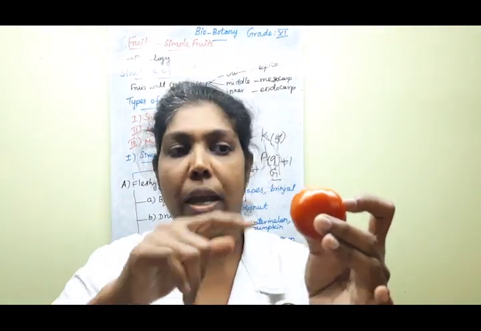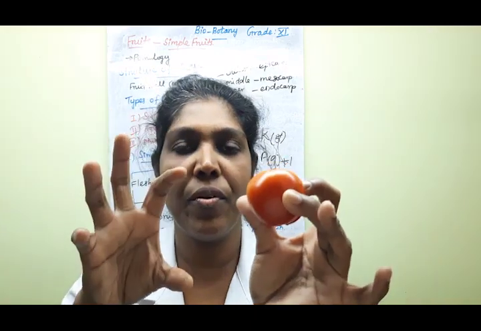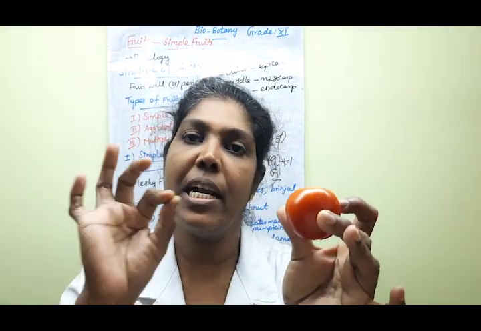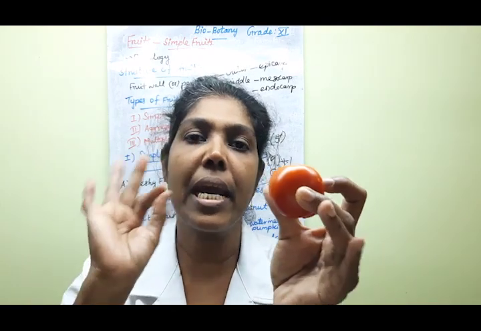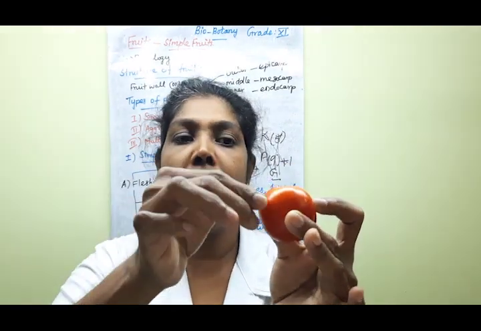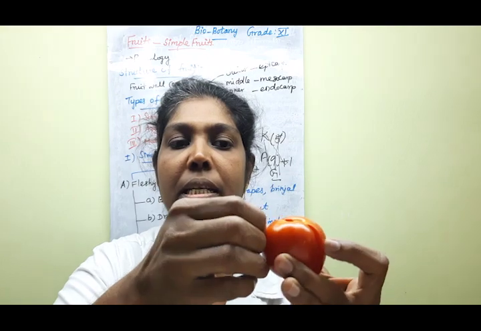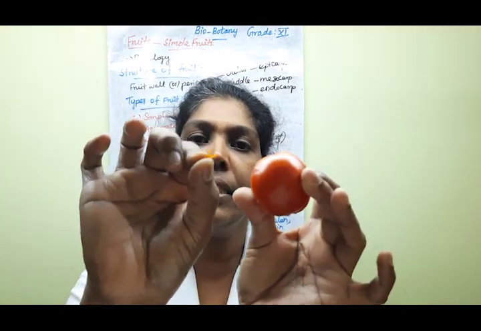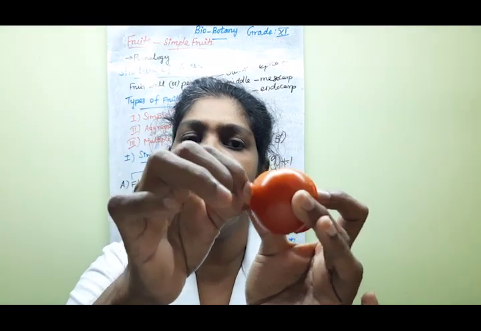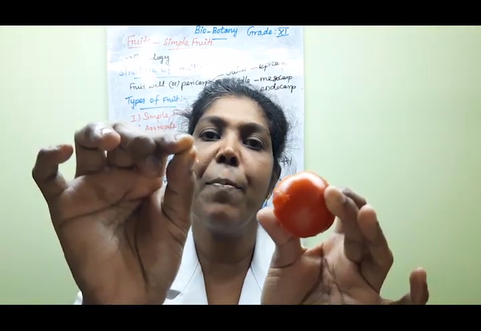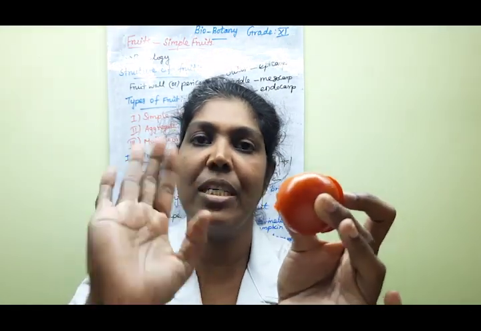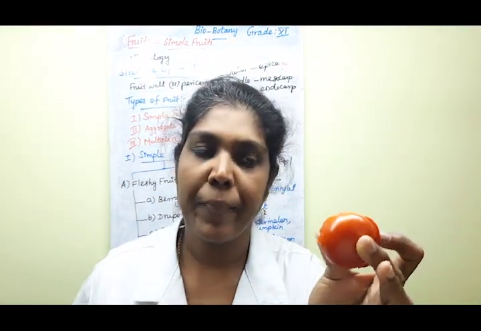Looking at the fruit, the pericarp region is differentiated into 3 parts. The first is the outermost layer, the very thin epicarp, which is the skin layer.